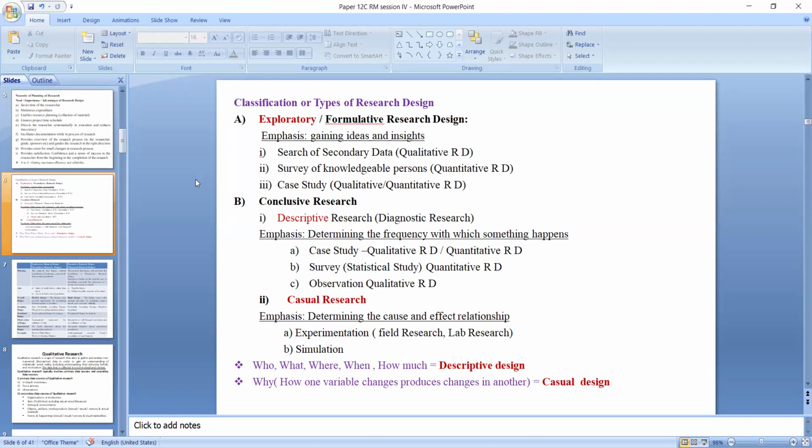We have seen in the first session, we do research when there is a problem, there is an issue, there is a challenge. Negative ways. Positive ways, there are opportunities, or you don't know what opportunities are there, but you are to find out. Or you have a concern, you have curiosity.